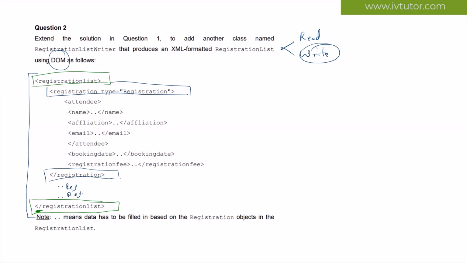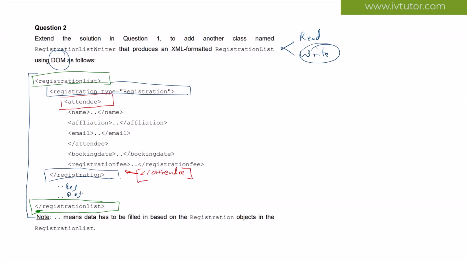So inside registration list, you can have many registrations. Each registration is made up of an attendee, which we open here, and we close. There's a missing tag here that closes that, which should be like this, attendee, like this. So we then close it there, right?